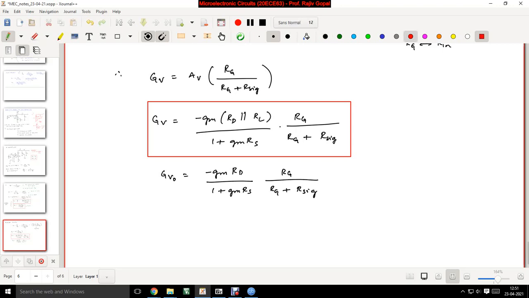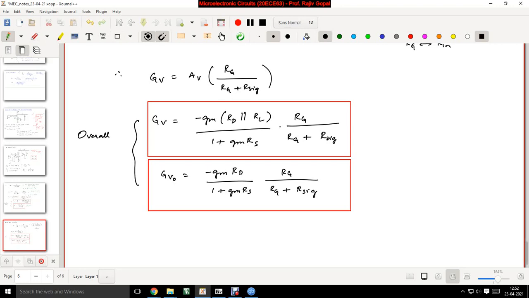That's it, this analysis we have done. Both of them are overall voltage gain. Clear? Any queries still here?